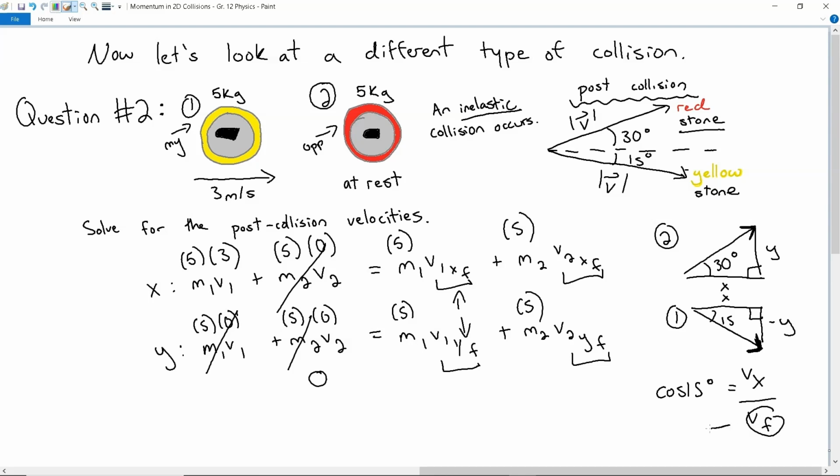And if I move this over here, I will get Vf, which is my final velocity, cos 15 equals vx. And this is probably the most important part of this kind of question.